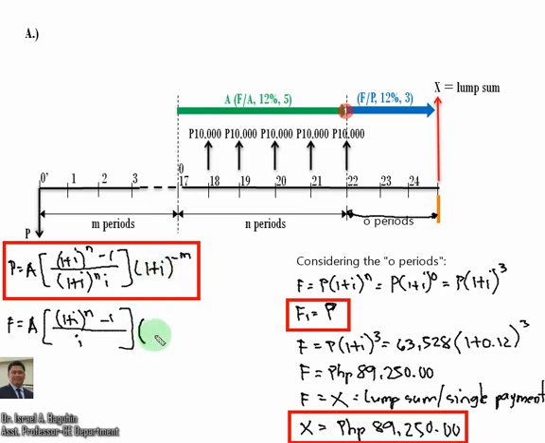Since we are considering the future worth, it is just equal to P times (1 plus i) raised to the n.